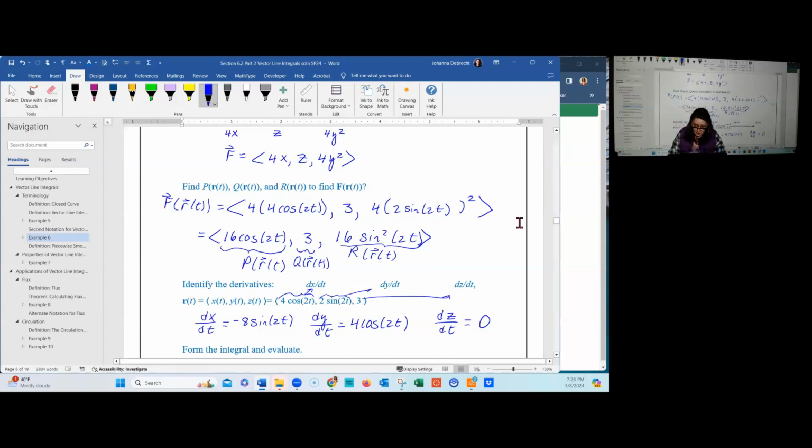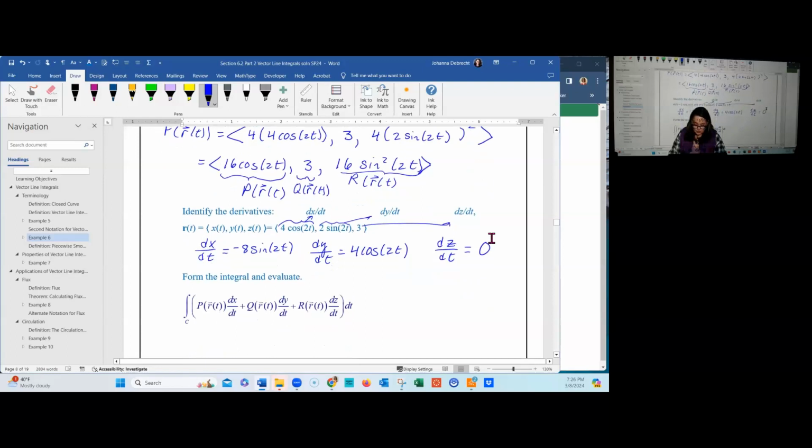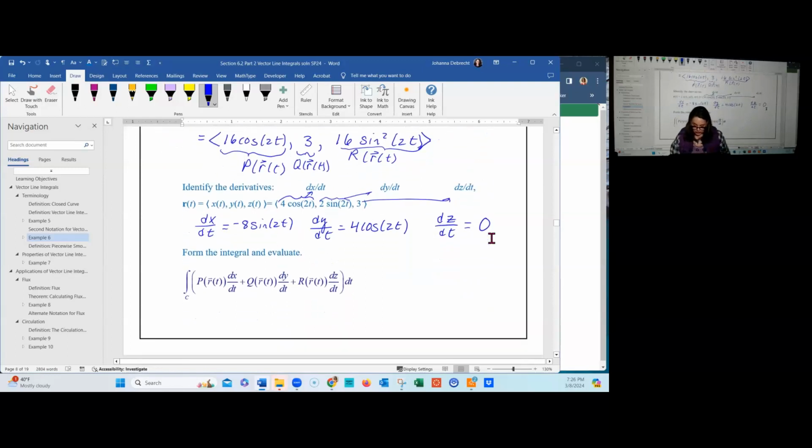Now that we have completed the parts, it's time to form the integral and evaluate. P of r of t turned out to be 16 cosine of 2t, and it gets multiplied by dx dt, which is equal to negative 8 sine of 2t.